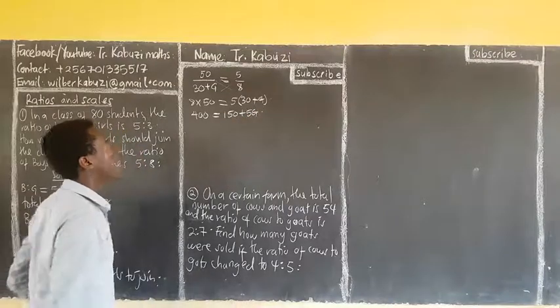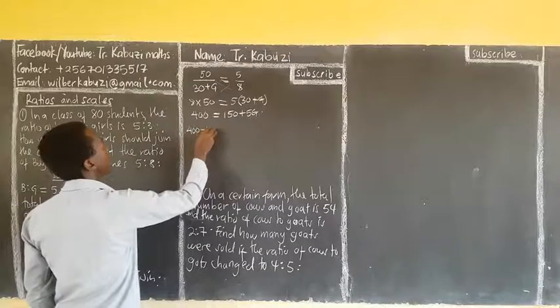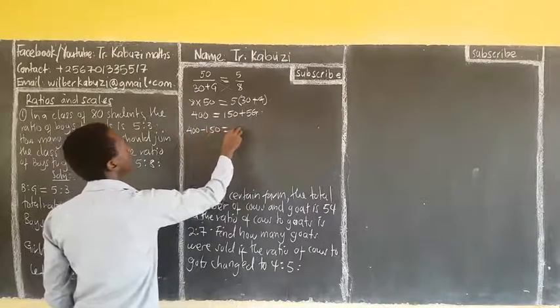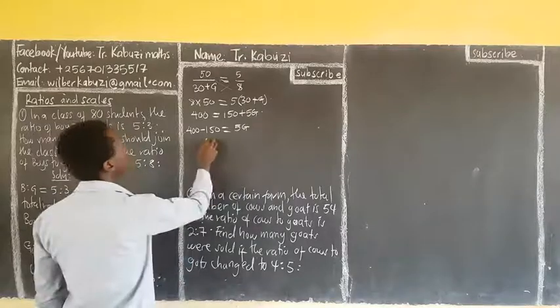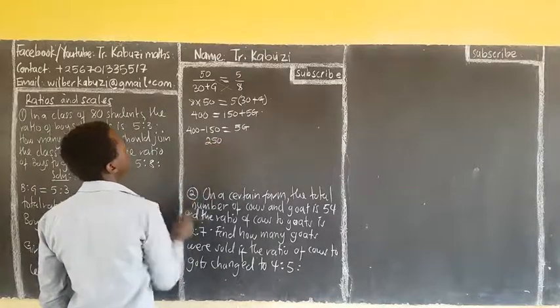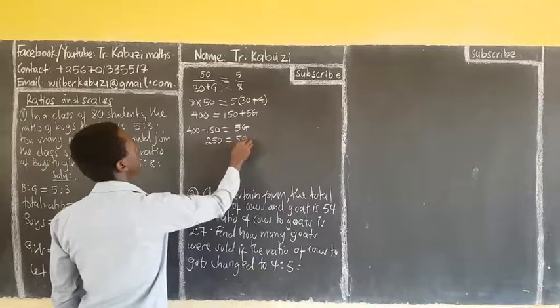Now take this side, I'll be subtracting. 250 equals 5D.